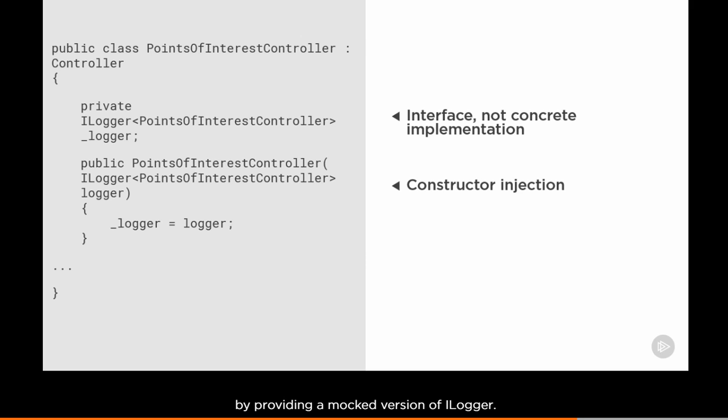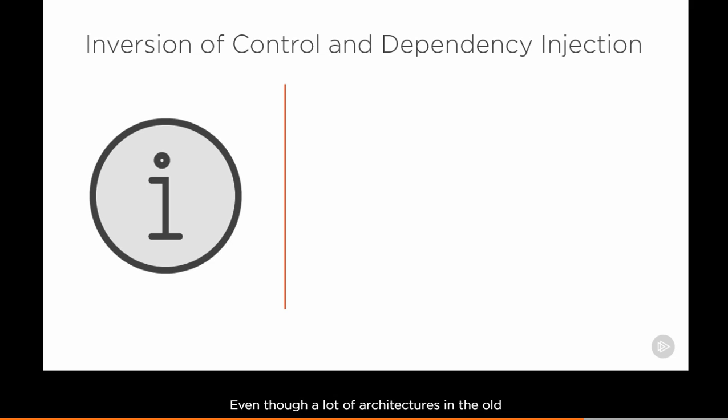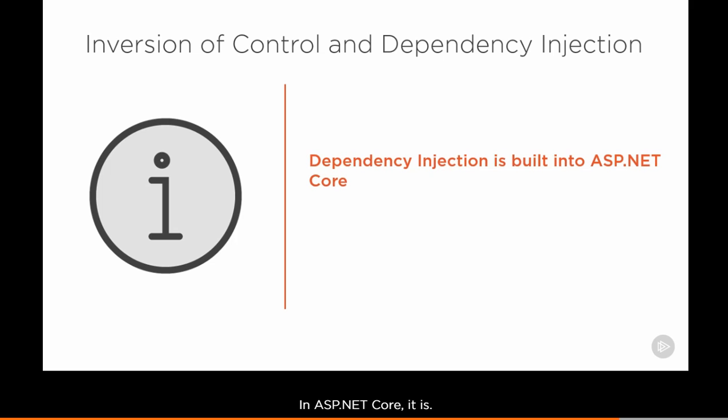Even though a lot of architectures in the old ASP.NET versions contained some form of dependency injection, through Ninject for example, it wasn't built in. In ASP.NET Core, it is. Some services are built in and by default registered with the container, like the logger.